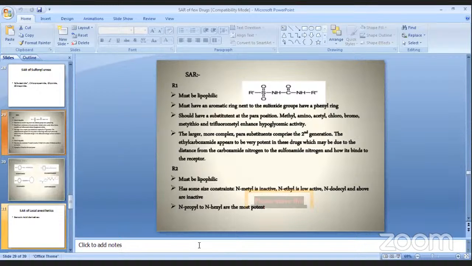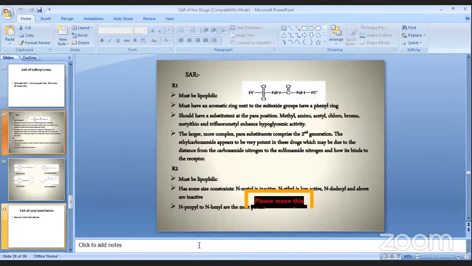So at the R1 position the benzene must be there, with a substituent in the para position, and the second generation of drugs was invented due to the addition of ethyl carboxamide groups, as in glibenclamide, glipizide, gliclazide. All these categories are available as second generation anti-diabetic drugs.